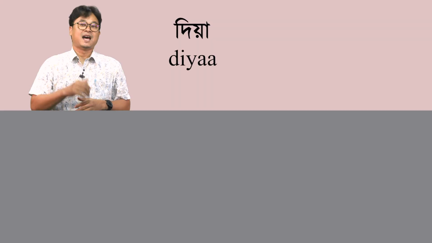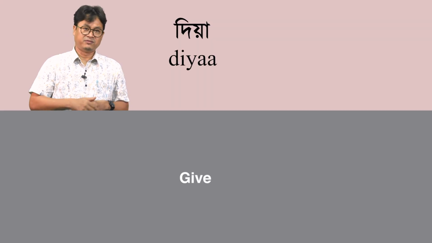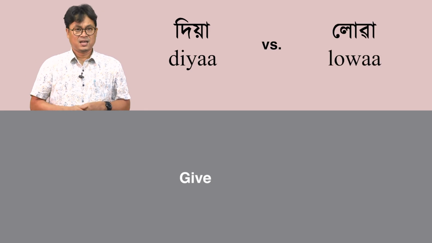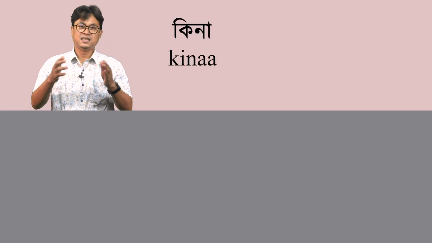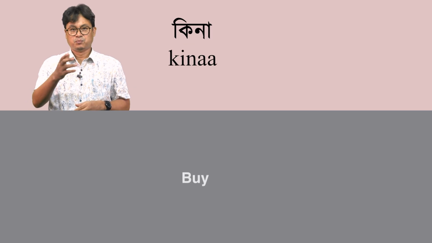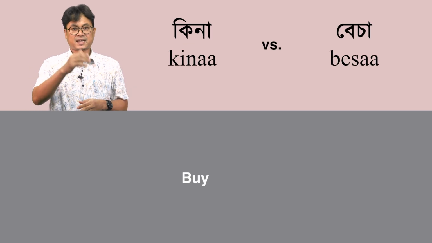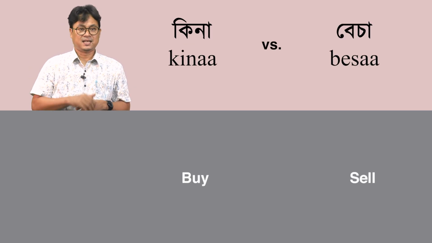Another type is relational antonyms. These express opposite roles or perspectives within the same relationship. For example, dia. Dia means give versus lua. Lua means take. The same action is viewed from two opposite participants. Another example is kina. Kina means buy versus besa. Besa means sell.